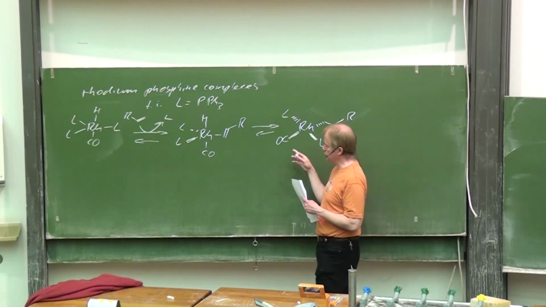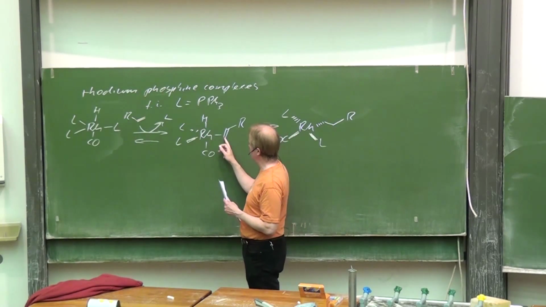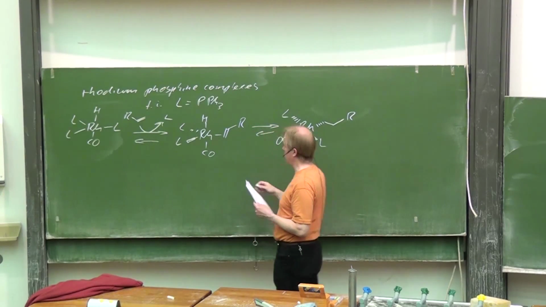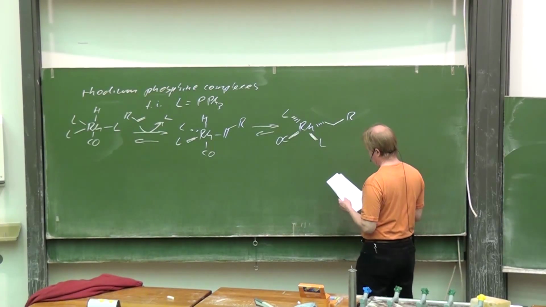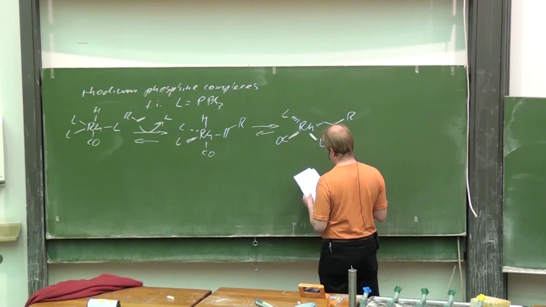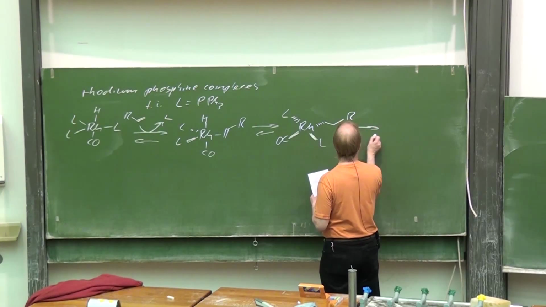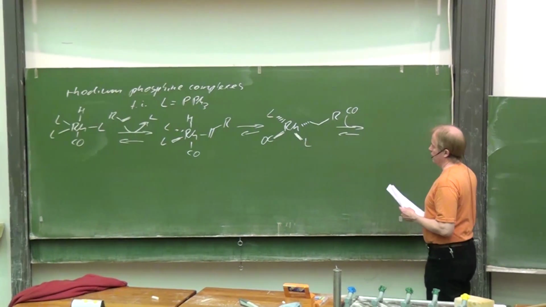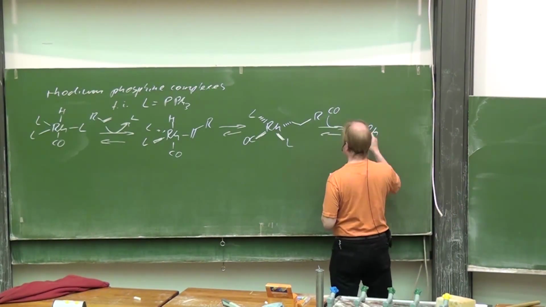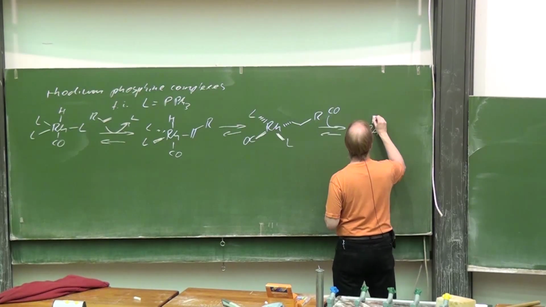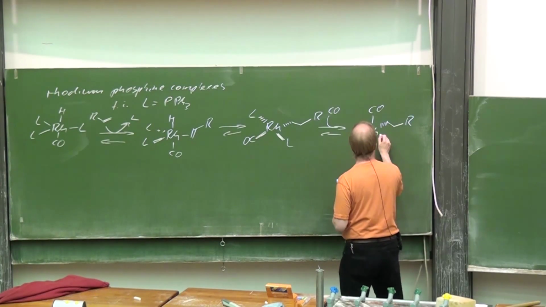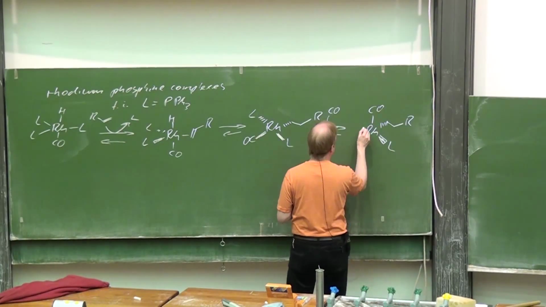So with the opposite regioselectivity, hydrogen to that position, rhodium to that, we would end up with a branched aldehyde, of course. So, next step, carbon monoxide is added, forming a square pyramidal complex as intermediate.